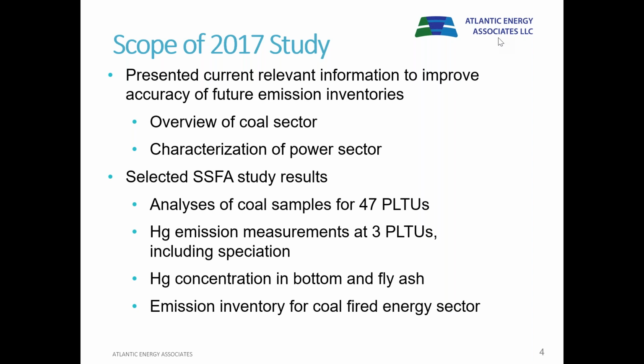Speciation, of course, is the term that describes how mercury evolves, and the 3 basic species of mercury are elemental mercury, oxidized mercury, and so-called particulate matter mercury. So mercury bound to particulate matter, either physically or chemically or both.